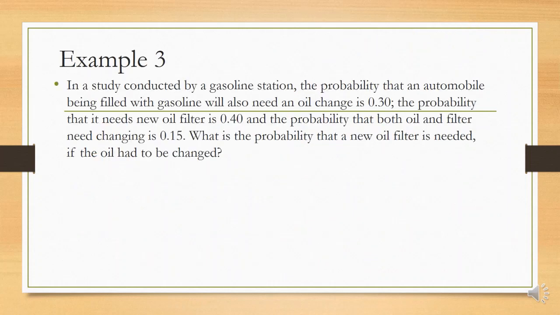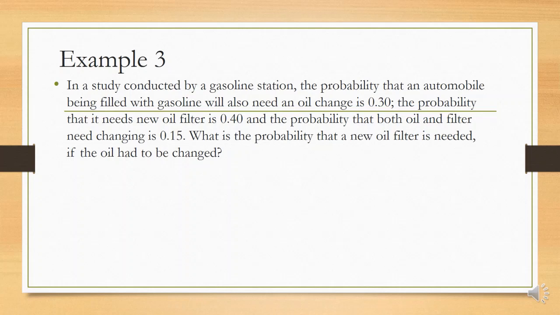Example number 3 is an example wherein the given are in decimal points. Okay? In a study conducted by a gasoline station, the probability that an automobile being filled with gasoline will also need an oil change is 0.30. The probability that it needs new oil filter is 0.4, and the probability that both oil and filter need changing is 0.15.